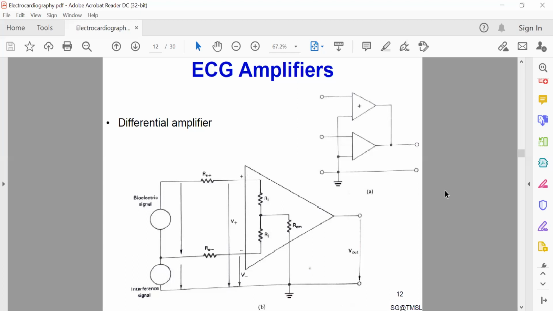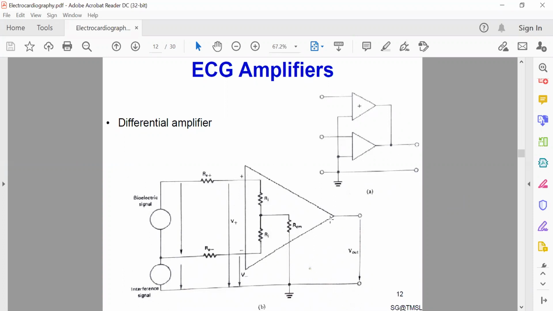If the gains of the two amplifiers are not exactly equal, this cancellation is not complete, so a small residual common mode output always remains. When one amplifier input is grounded and a voltage is applied only to the other input, the input voltage appears at the output multiplied by the gain of the amplifier.